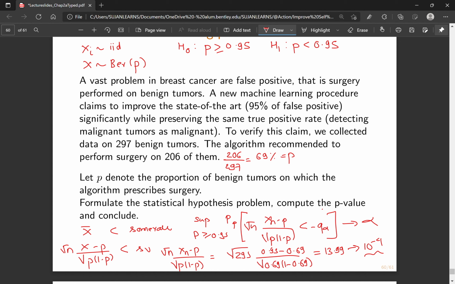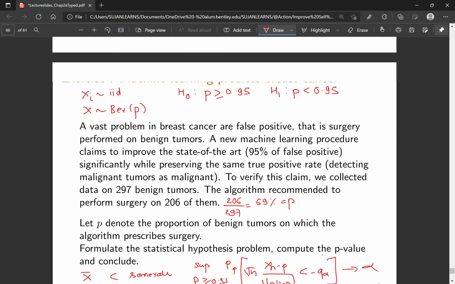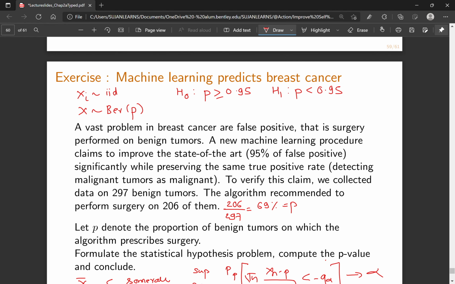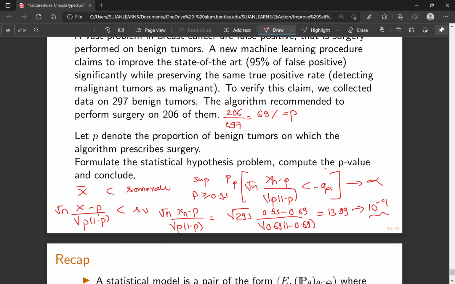Then we can use that 70% and plug that in our hypothesis. Instead of 95%, we can write 70%. If you do that, then this value becomes more reasonable.